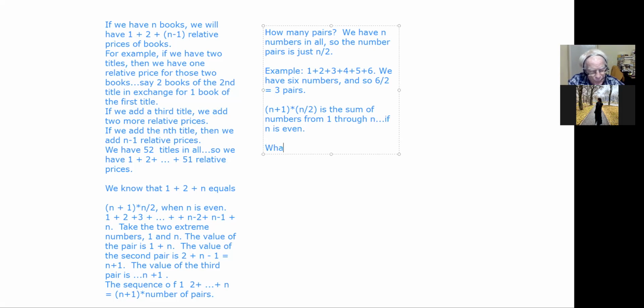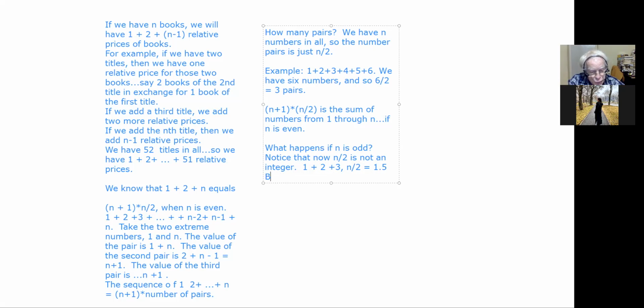So what happens if n is odd, an odd number? Notice that now n divided by 2 is not an integer. So, for example, if this is a sequence, 1 plus 2 plus 3, n over 2 is equal to 1.5.